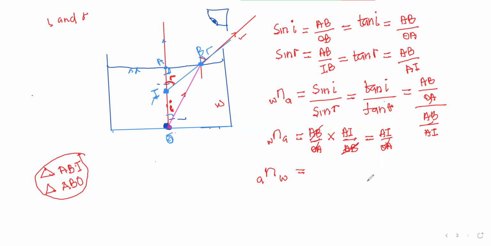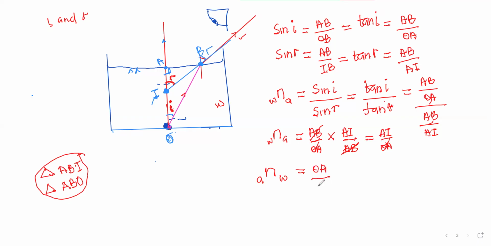Yes, Gideon. So it will be OA over AI. Exactly. We've done that. If you recall, the product of the absolute refractive index and its reverse refractive index is equal to 1. So if from water to air is AI over OA, then from air to water will be OA over AI.